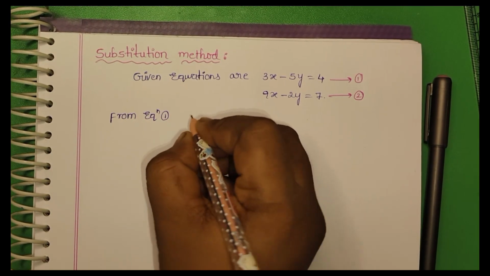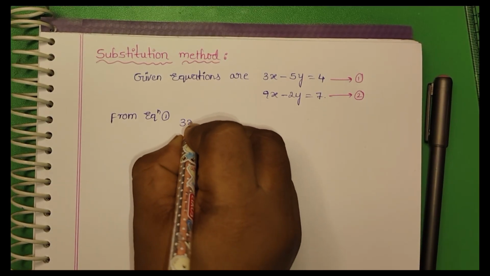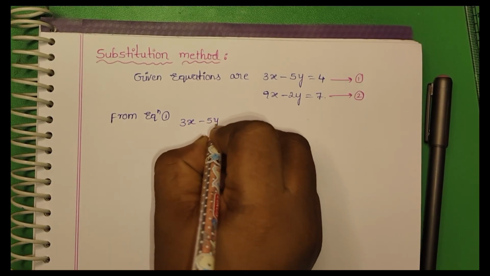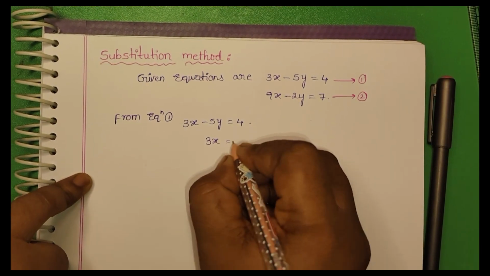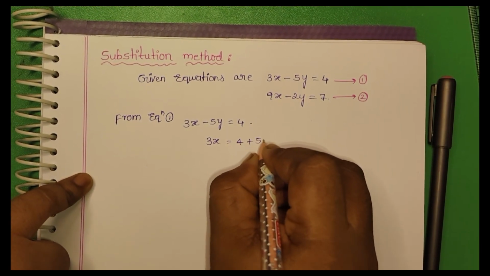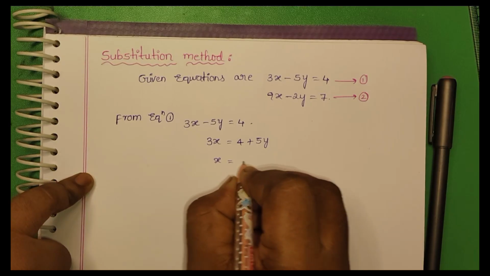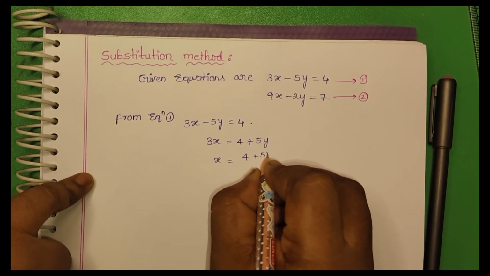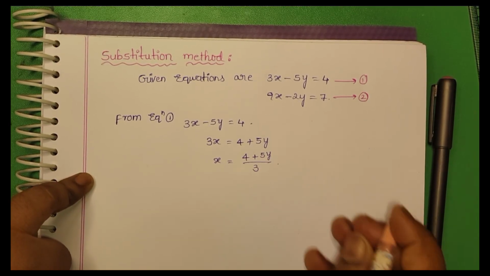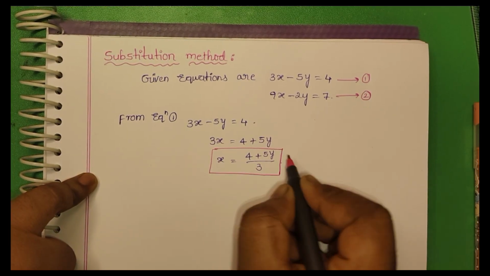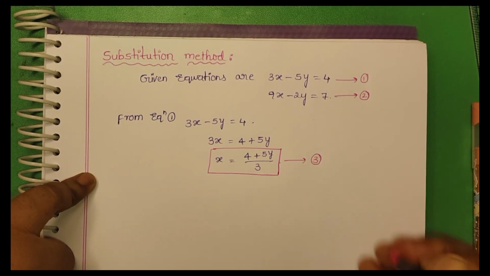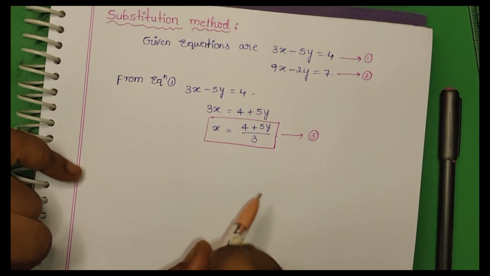From equation number 1. In the previous method, the elimination method, we had to eliminate either the x variable or the y variable. But here in the substitution method, in the place of x or y, we have to substitute the value in either equation number 1 or equation number 2 according to our solution. Here from equation number 1, we write 3x equals 4 plus 5y.